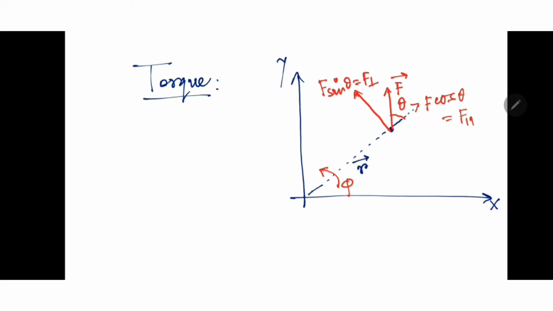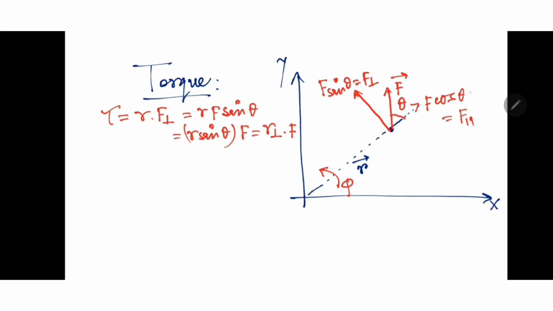Hence, the rotation capability of F vector, that is the torque of F vector with respect to the origin, tau, equals r into F perpendicular, that is r F sin theta, or r sin theta into F, that is r perpendicular into F, where r perpendicular can be seen as the component of position vector which is perpendicular to the applied force.